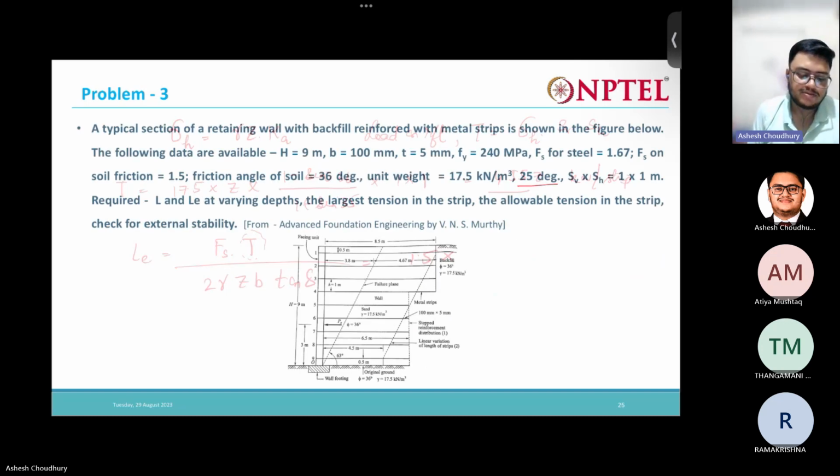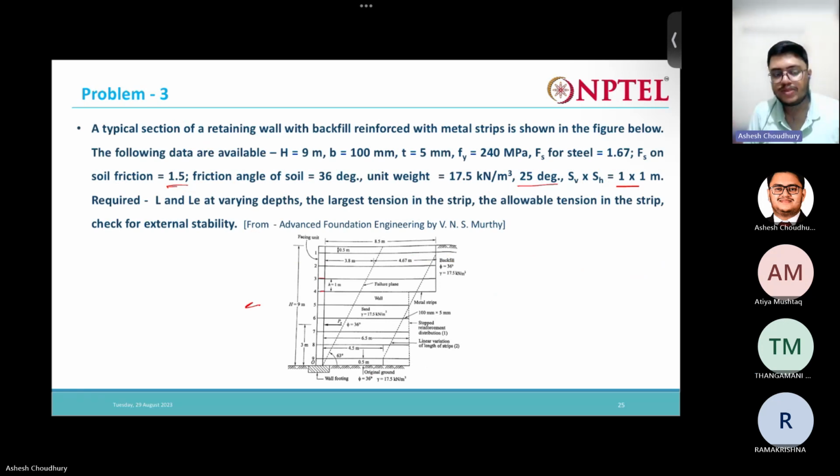Because active thrust is what pushes the wall outwards, and it should be taken care of by the tensile load coming on each layer. This active thrust acting on the wall is divided into each of these reinforcement layers. So let us check that once.